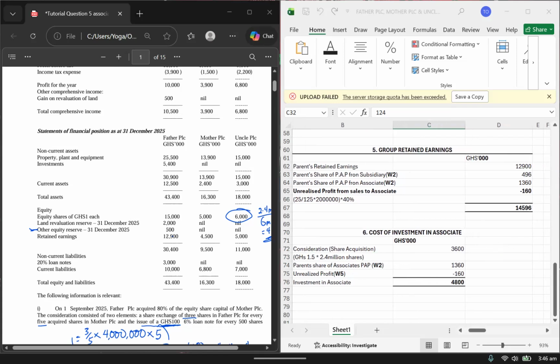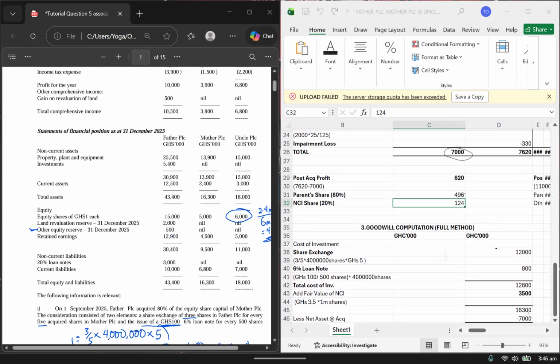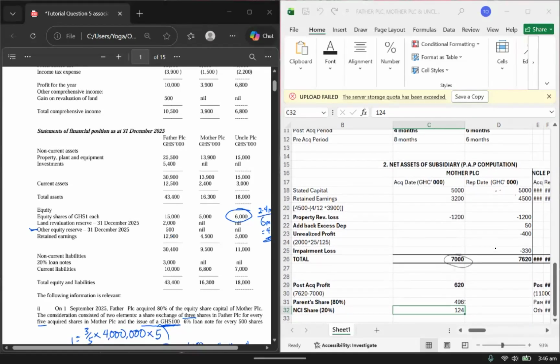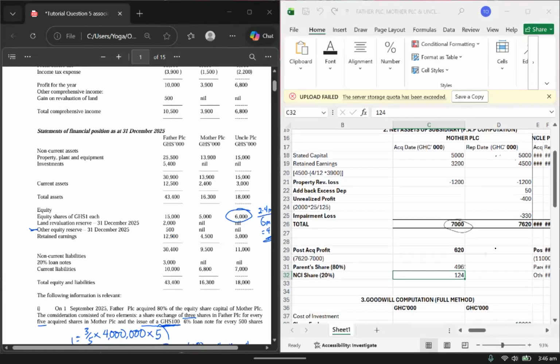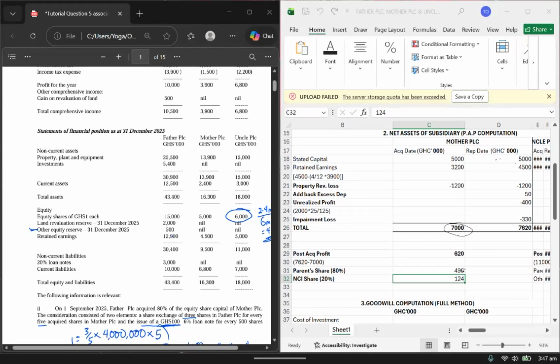And the parent's share of the subsidiary's post-acquisition profit is 496. It's 80% of 620. 80% of 620 will give you 496.